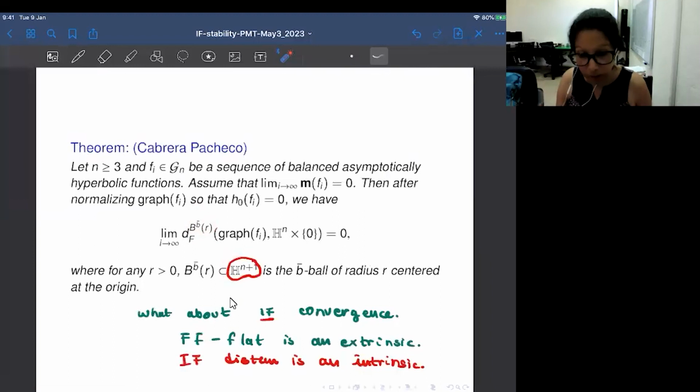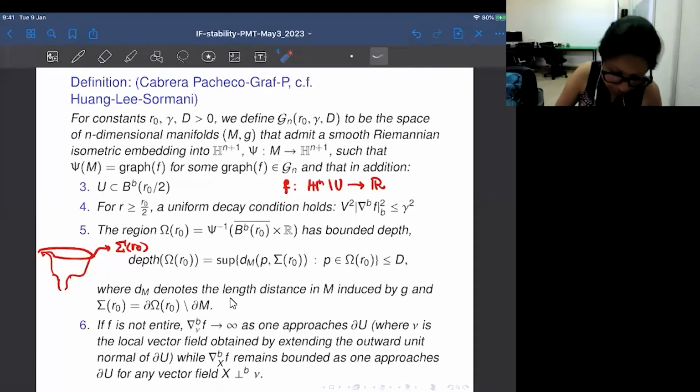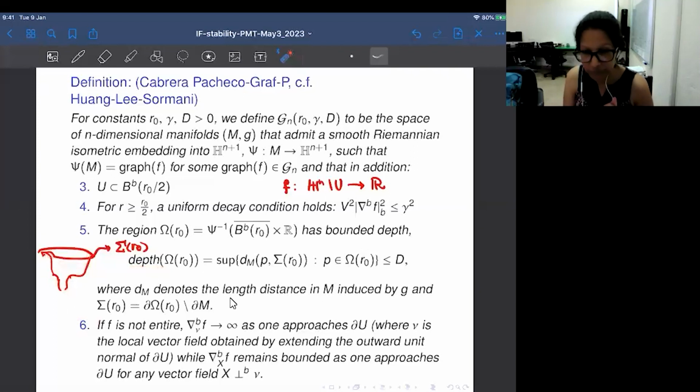So we want to calculate a diameter bound for our regions, and this condition is going to give us a diameter bound for this part. And the last part is actually very technical. Maybe I make some comments later, but it's just technical.